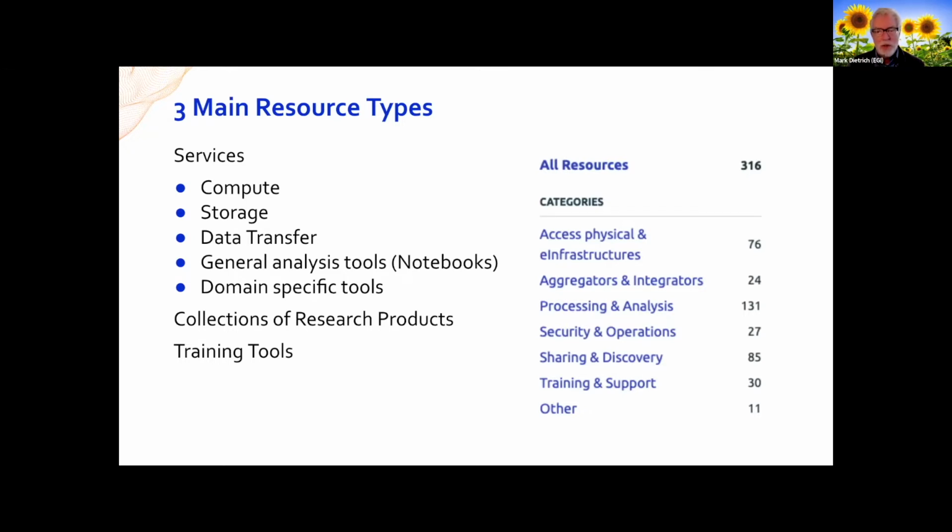There are collections of research products linked to from the EOSC resource catalog, and we'll be talking a little bit more about that. And then finally, quite a number of training tools.